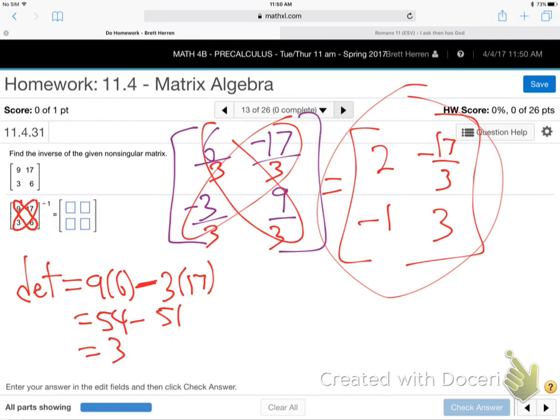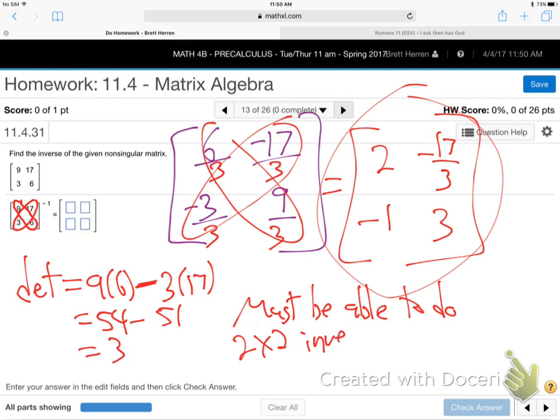Is that good? Now, we can do it on our calculator too, but you must be able to do 2 by 2 inverses by hand. I will ask you to do a 2 by 2 inverse by hand on the exam.